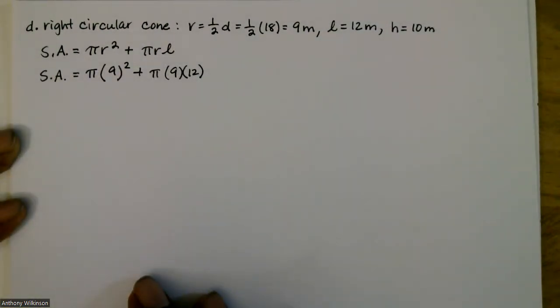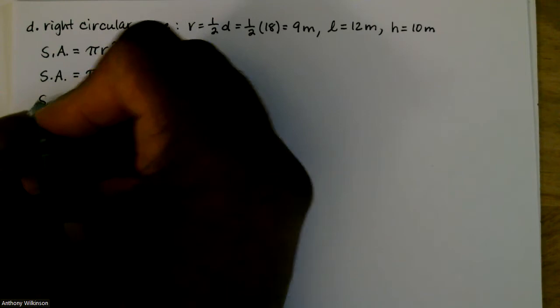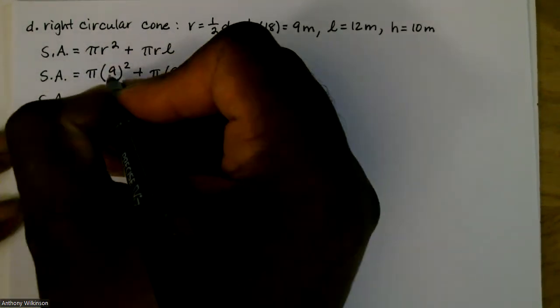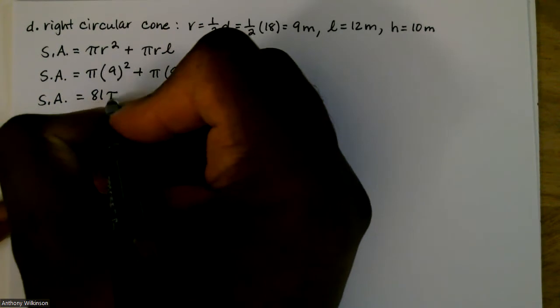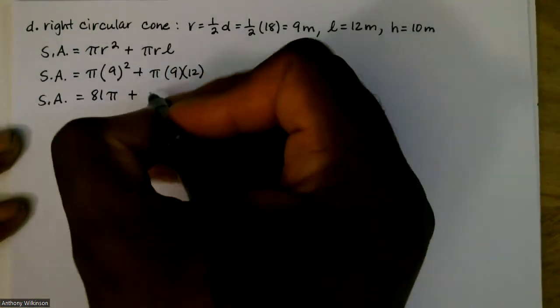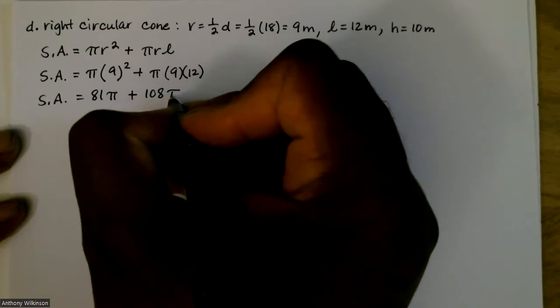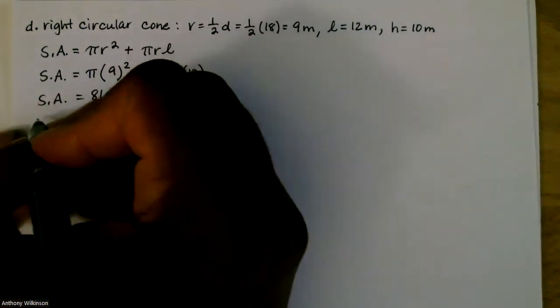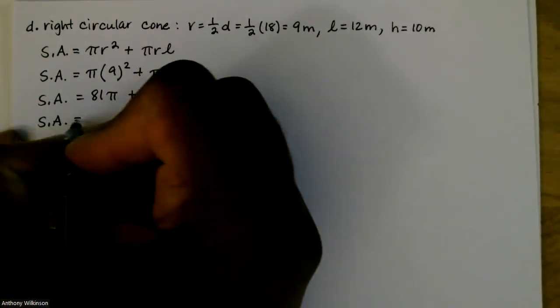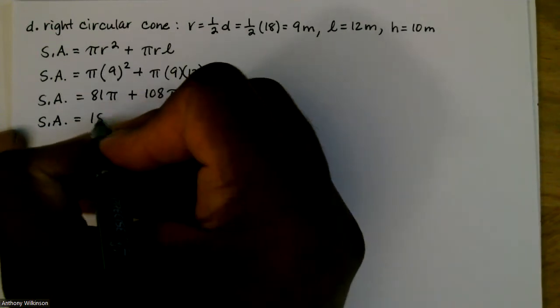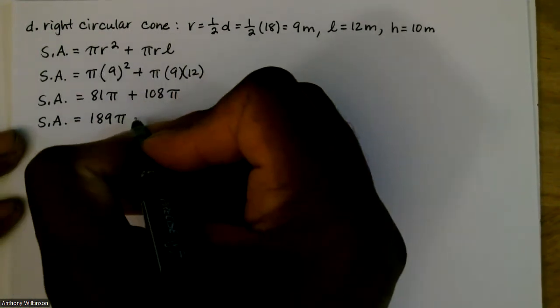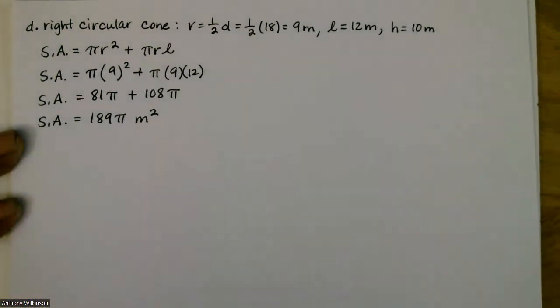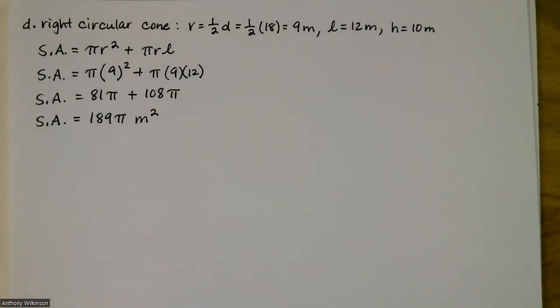We're going to leave the answer in terms of pi for both the surface area and the volume. 9 squared is 81, so I have 81 pi plus 9 times 12 is 108 pi. And 81 pi plus 108 pi will be 189 pi square meters. So that's the surface area of the right circular cone.